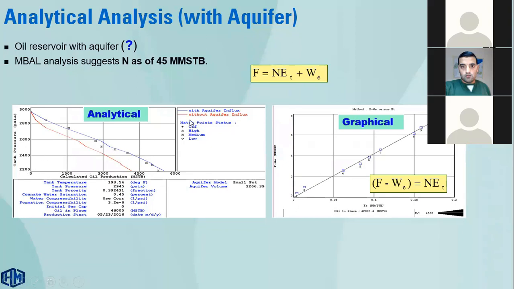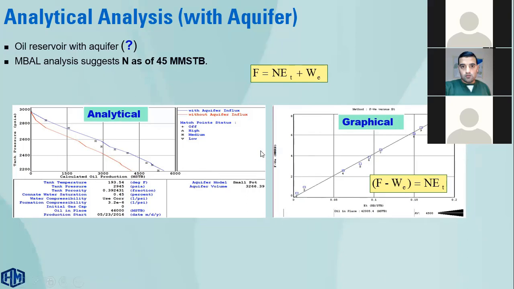As you can see, we have two scenarios: with aquifer influx in blue color and without aquifer influx in red color. The data shows good fitting using the model with aquifer influx. So in this case, the value of oil in place is 46 million stock tank barrels.